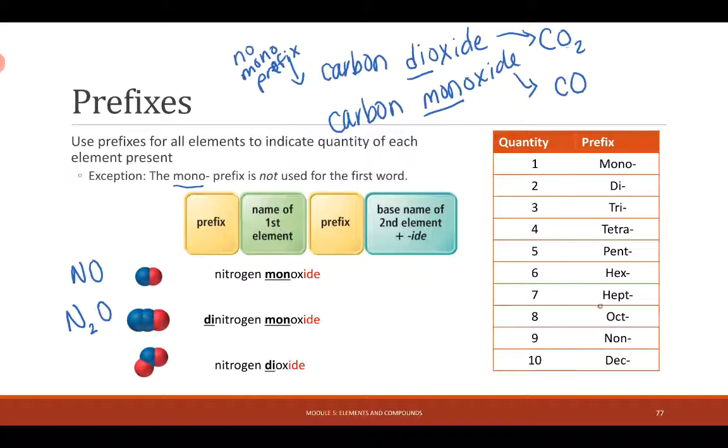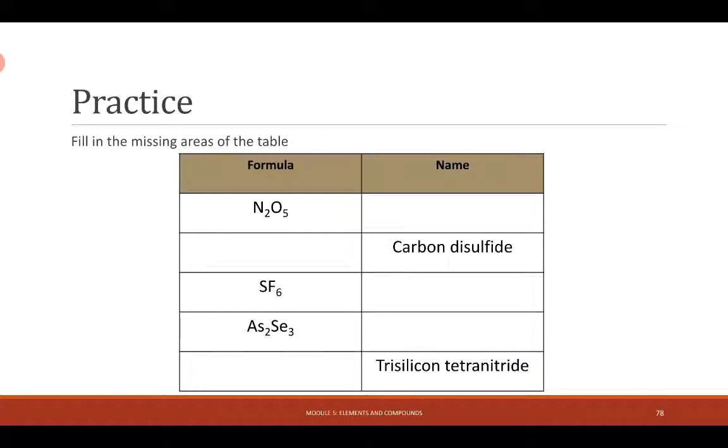Anyway, there's some spelling nuances that you'll have to learn, but it's all to have good pronunciation. So it should roll off the tongue pretty well. Just try to say it out loud to see if it sounds good. NO2. So 1 nitrogen, 2 oxygens. So that's nitrogen dioxide. No mono prefix here because there's only 1 nitrogen.